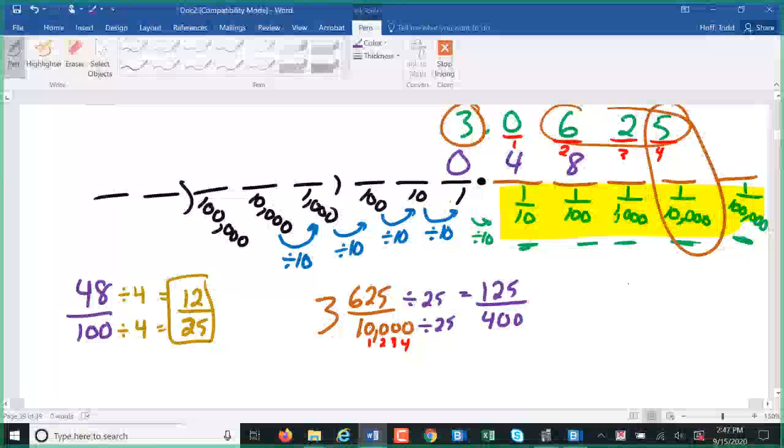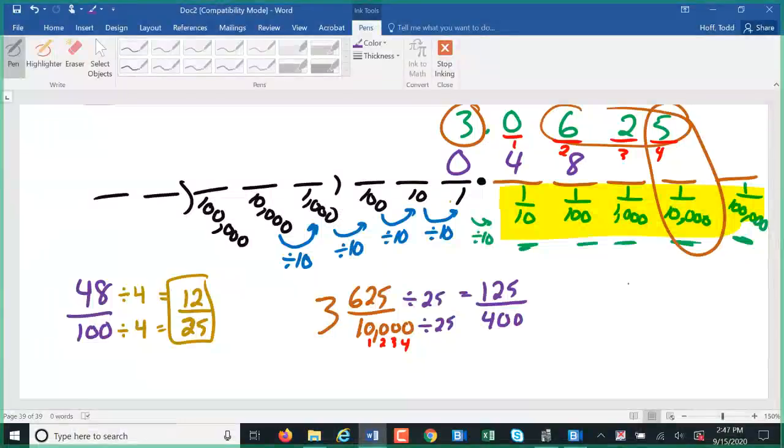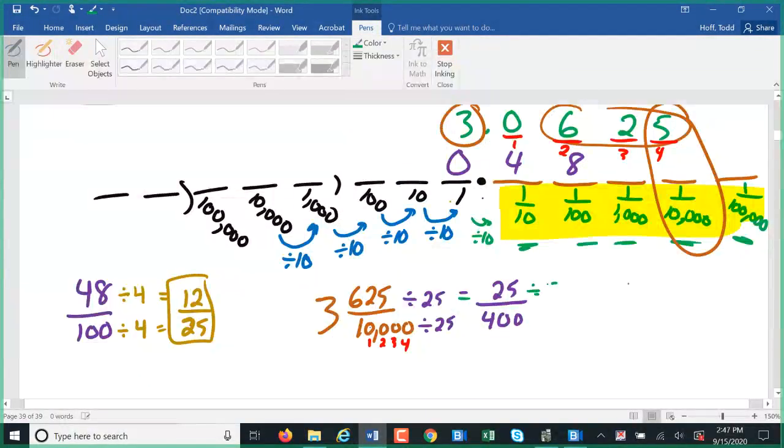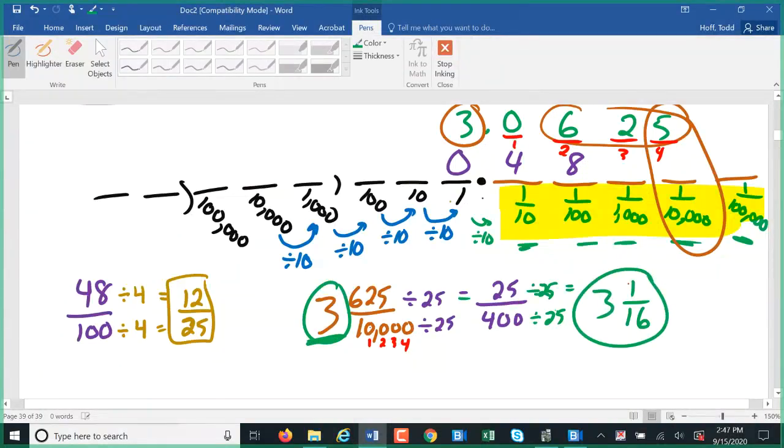Actually, those can both still be divided by 25. 25 divided by 25 is 1. 400 divided by 25 is 16. Don't forget our whole number here, the 3. So that's 3 and 1/16. 3.0625 is 3 and 1/16.